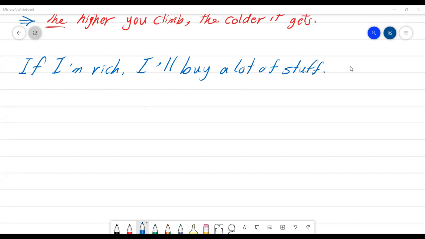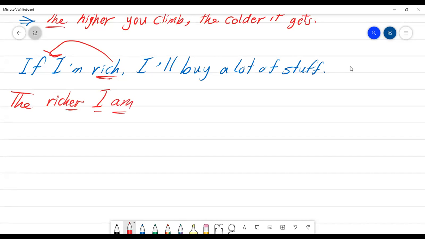Here, use the adjective, or let's read the first sentence. If I am rich, rich is an adjective, so we use it in comparative. So the richer I am. I use rich before I am, but in comparative form. Okay, the richer I am.